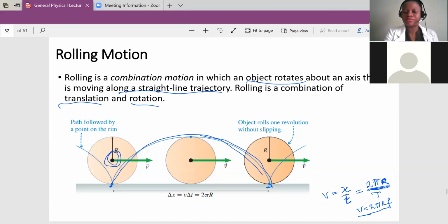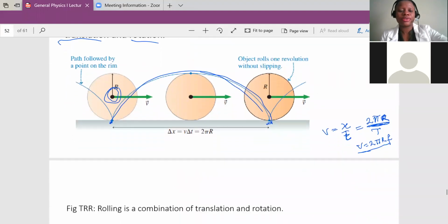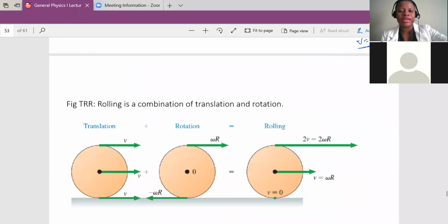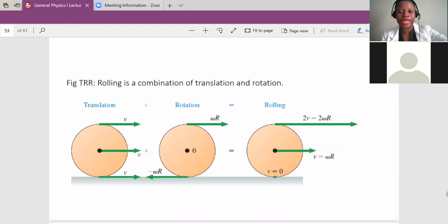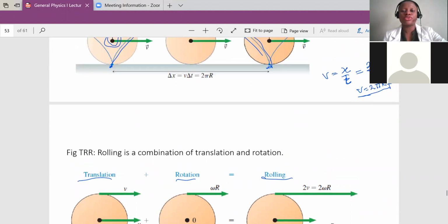So we see that at the point, v is always pointing towards the direction of the motion. So the object is rolling and has taken one revolution without slipping. So let's see how we combine the translational and the rotational to give us the rolling, which is the combination of the motion.